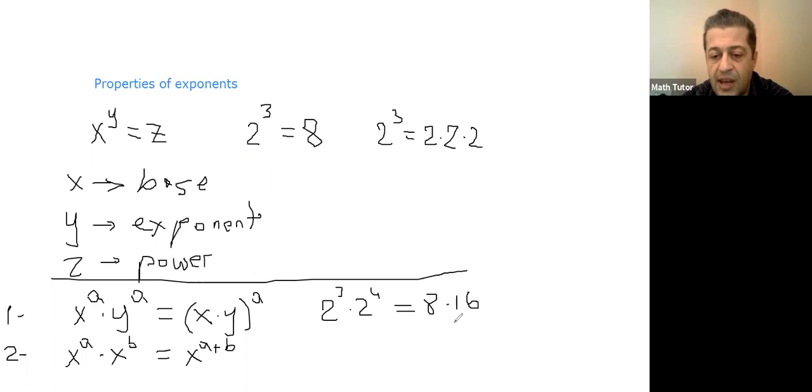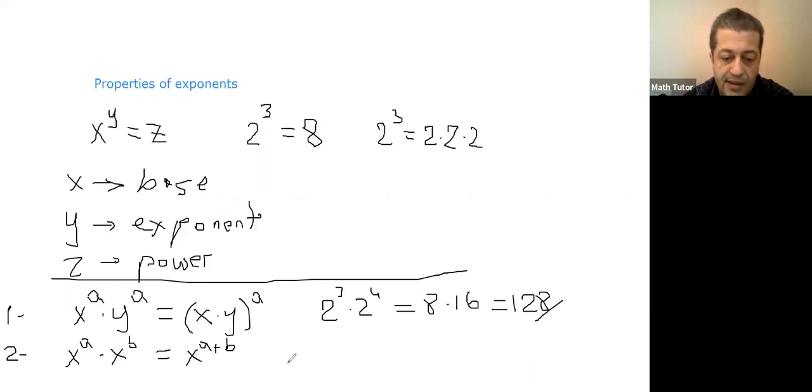And 8 multiplied by 16: 8 times 6 is 48, we write 8 and carry the 4 tens. 8 times 1 is 8, and 4 makes 12. 128.